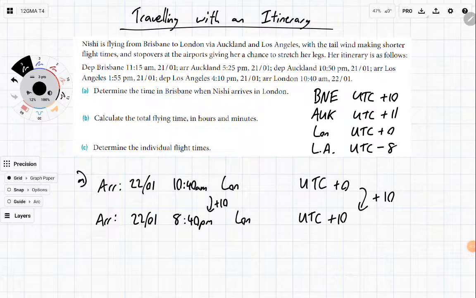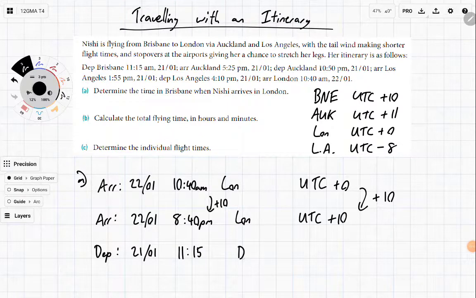That's when she arrives. So calculate the total flying time in hours and minutes. Alrighty. Well, we now know that she departed Brisbane on the 21st of the 1st at 11:15.